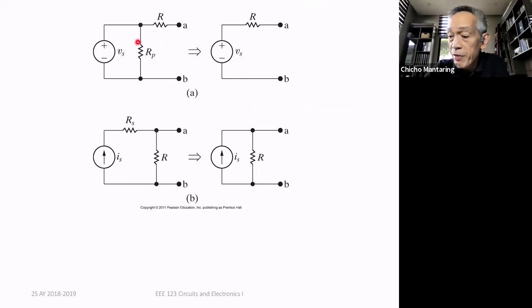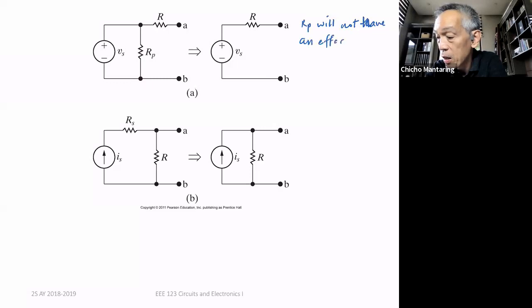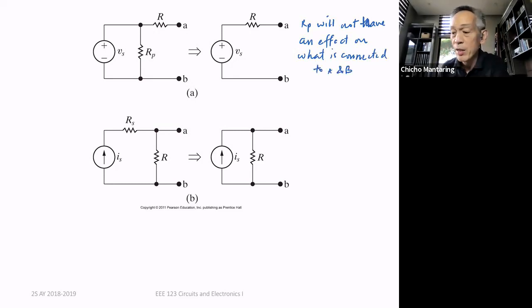Whenever you have a resistor in parallel with an ideal voltage source, this resistor is not going to affect anything that is connected to terminals A and B. So our R sub P will not have an effect on what is connected to A and B. Why is that so?